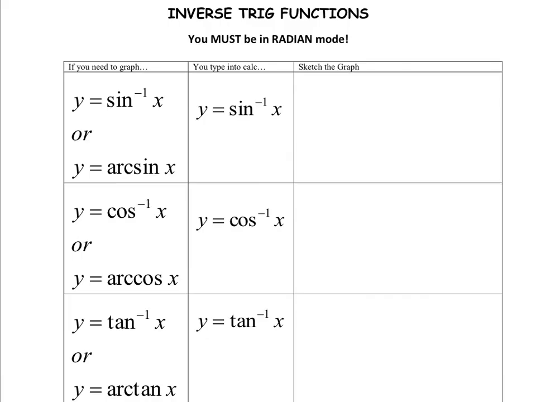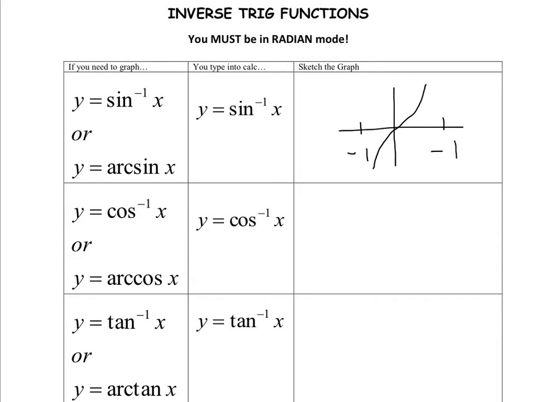Okay, next we're going to look at the inverse trig functions and what the graphs of those are going to look like. You might see it written as y or f of x equals sine negative 1 of x, or y equals arcsine x, and same thing for the other two inverse trig functions. So inverse sine, okay, if you remember, these come from switching the x and the y. So if we graph this here, it's going to look approximately like that.